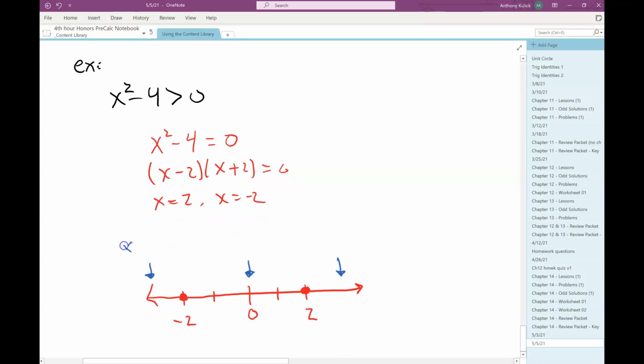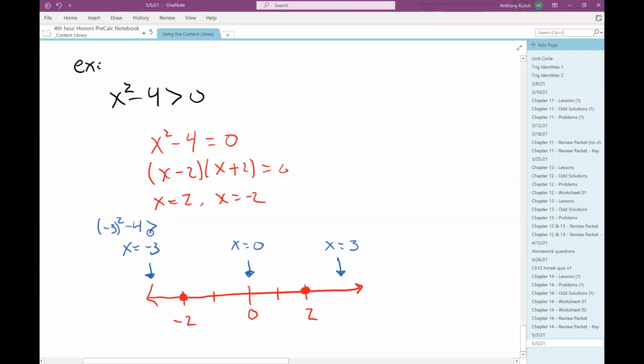So picking a value that's less than -2, that would be like -3. Picking between -2 and +2, maybe I pick 0. And something bigger than +2, maybe I pick +3. Everybody okay with that? And now I'm just going to test.